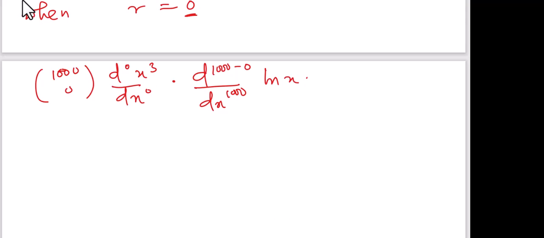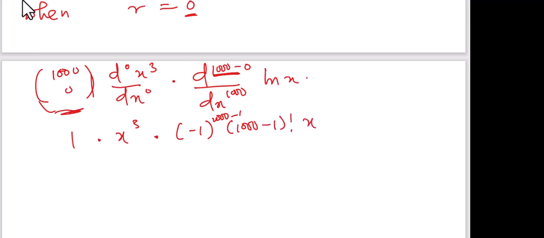And here 1000 combination 0 is 1, so we have 1 times x cube times, now the differential of the ln x, we are saying that the formula is negative 1 power n. In this case, our n is 1000, because 1000 minus 0 is 1000, then 1000 minus 1 factorial, then x power negative 1000.